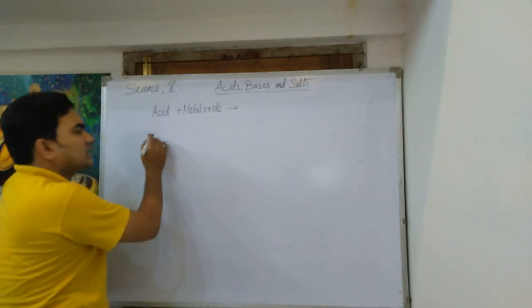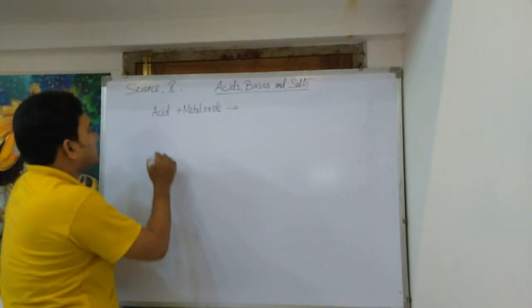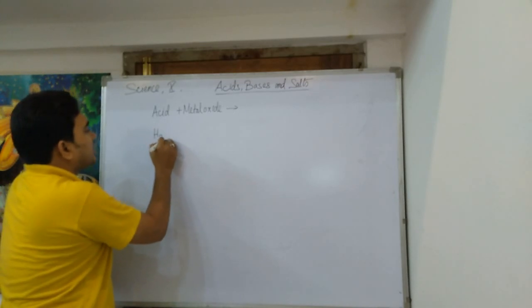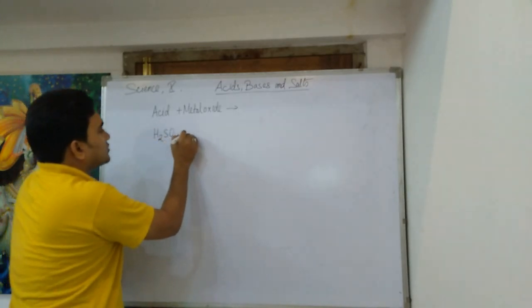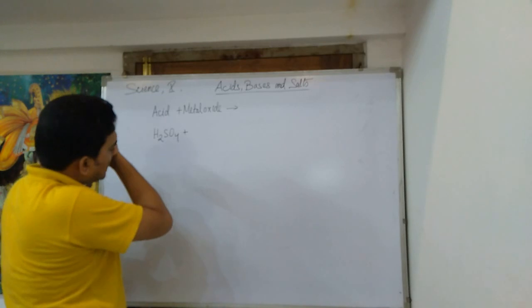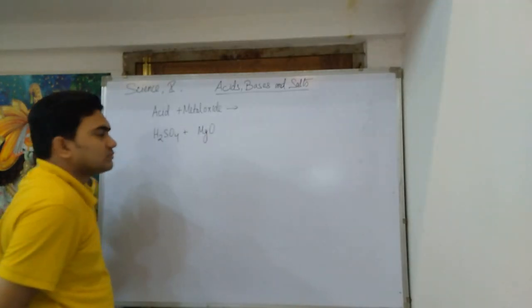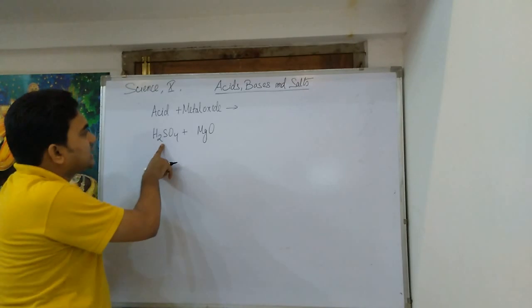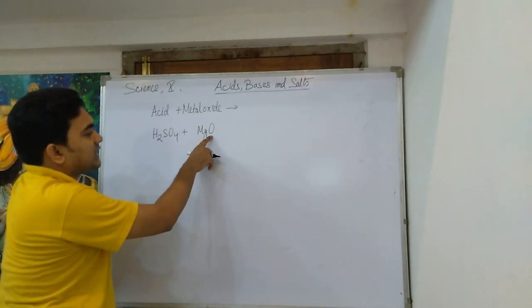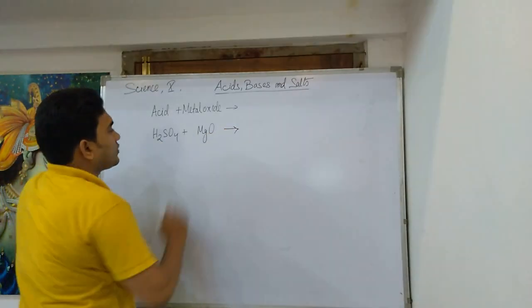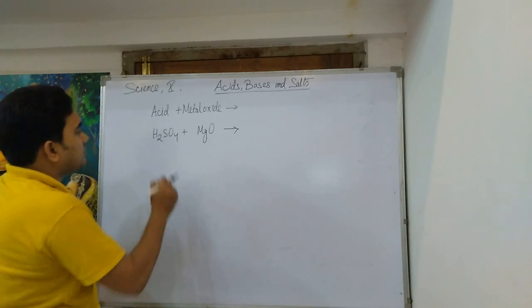So this time let us take a different type of acid. Let it be H2SO4 and let that metal oxide be MgO. So acid plus metal oxide, the output will be the same.